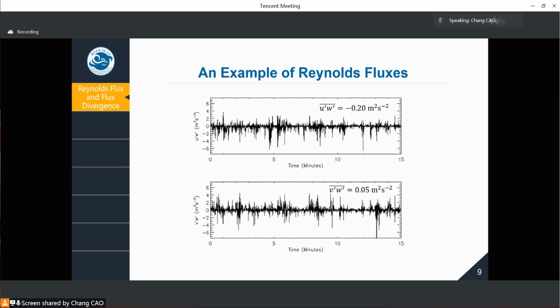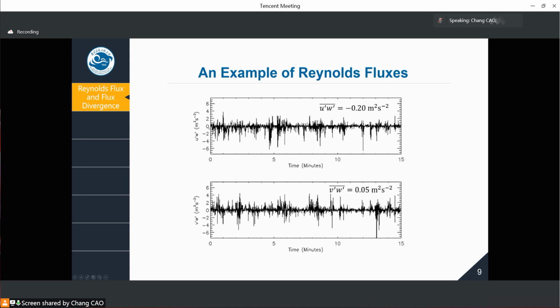And this time, this is also a time series, but pay attention here. The y-axis is no longer U, V, W. It's the product of U prime and W prime. And for the bottom picture, the y-axis represents V prime and W prime. So that's the product of two velocity components, right? If we combine them and get the product, we can also plot the time series of this.